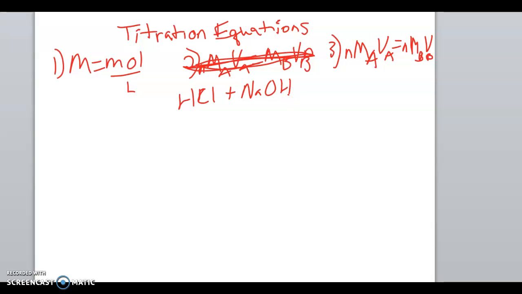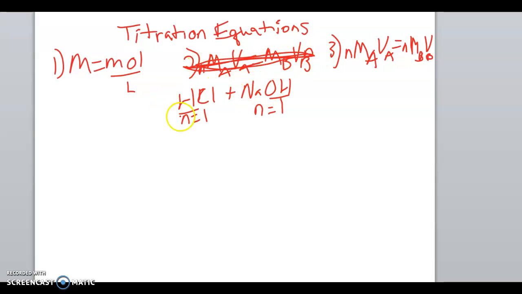In this case, you have 1 mole of H plus ions, so your n is 1 here, and you have 1 mole of base ions, so your n is 1 there also. So you really don't have to write 1 on both sides, because the moles of your acid is 1 and the moles of base is 1. It doesn't change your answer at all, so that's why this equation doesn't have n written in it.